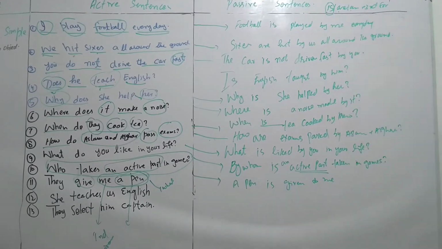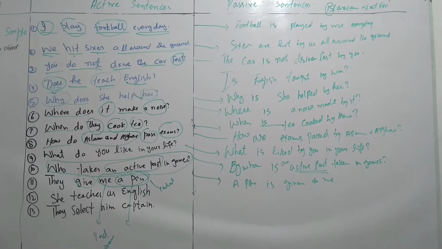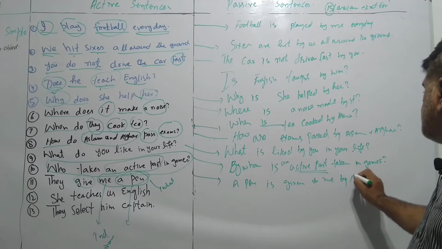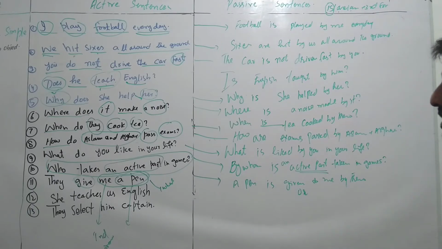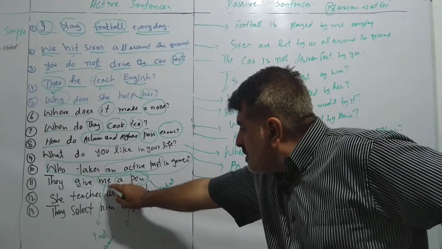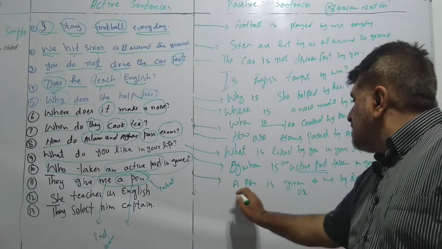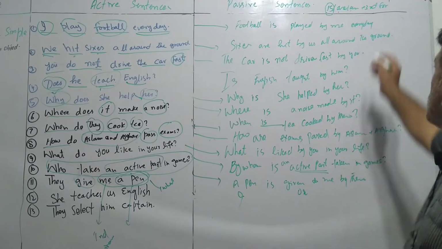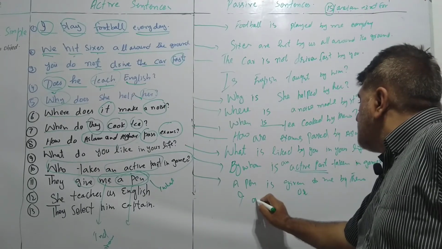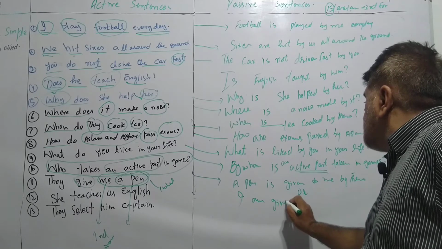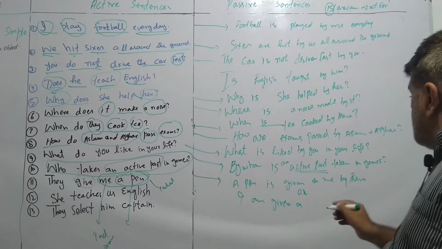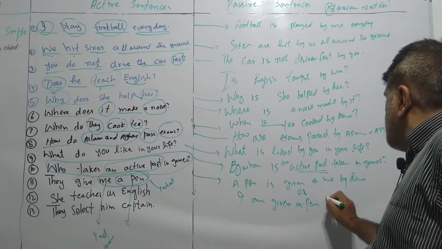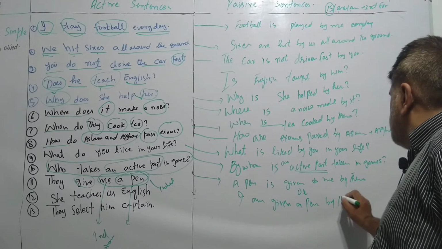A pen is given to me by him. Or I shall put this one here, so am is required: I am given a pen. I am given a pen by them.